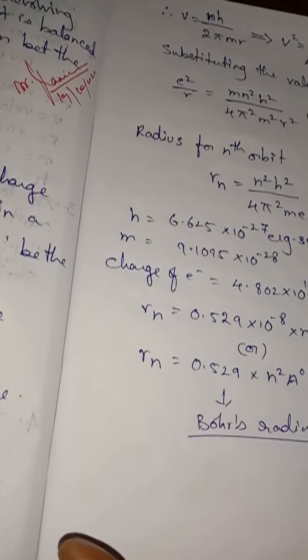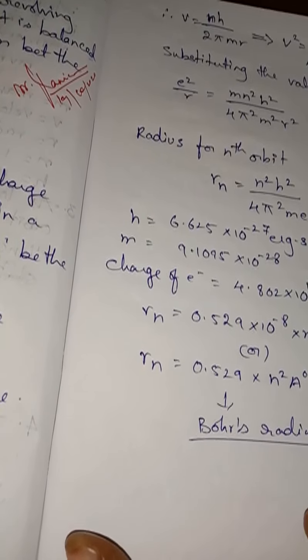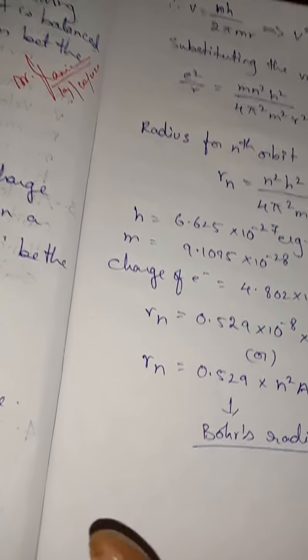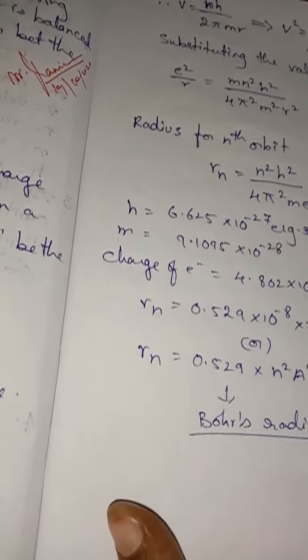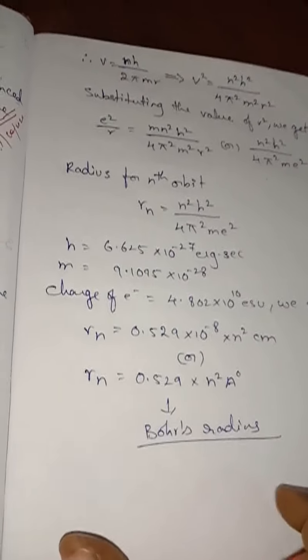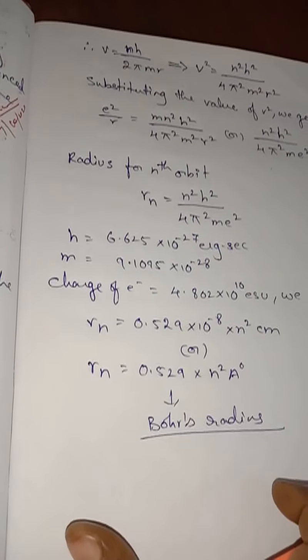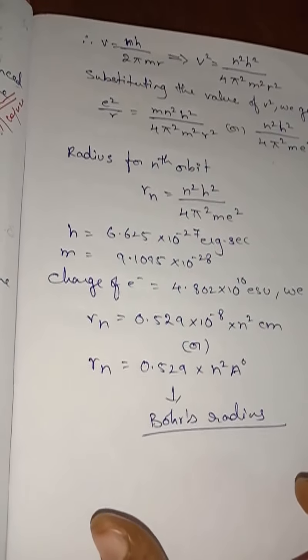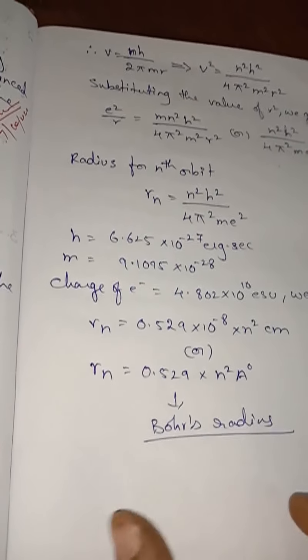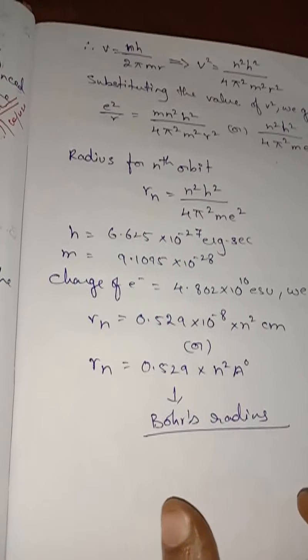Normally the electron in a hydrogen atom is found in the first orbit, that is n equals 1. As the value of n increases, the radius of the orbit also increases. So this is the radius for a hydrogen atom. Similarly, for hydrogen-like ions like helium, lithium or beryllium, the radius may be given by an expression.